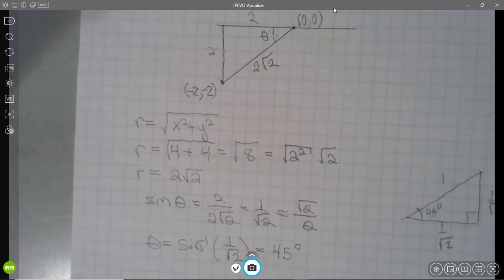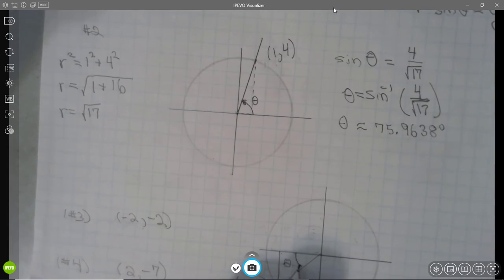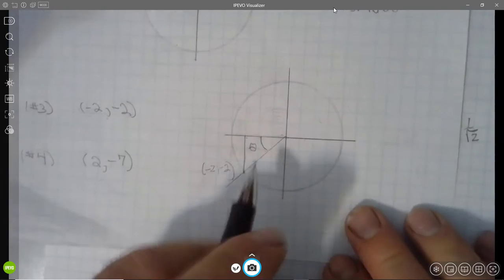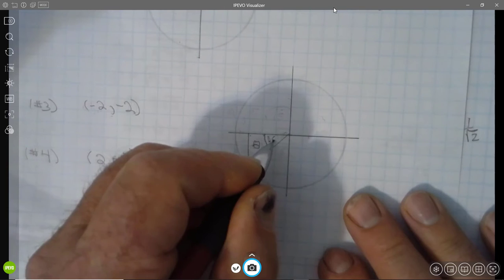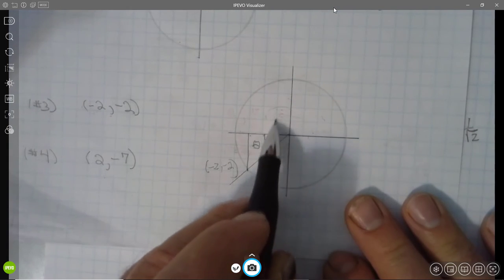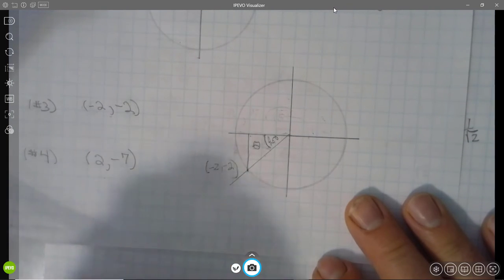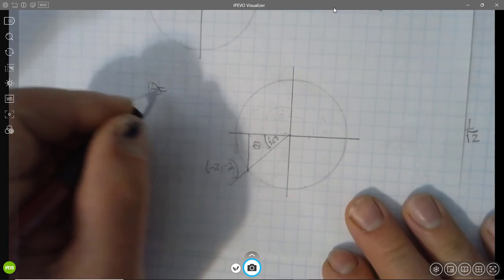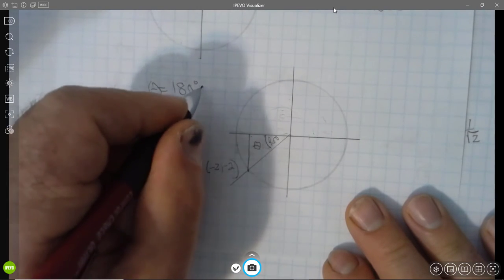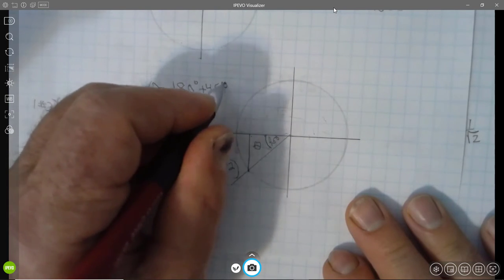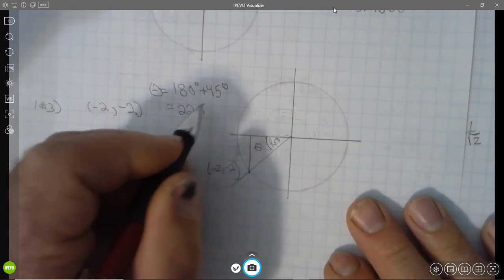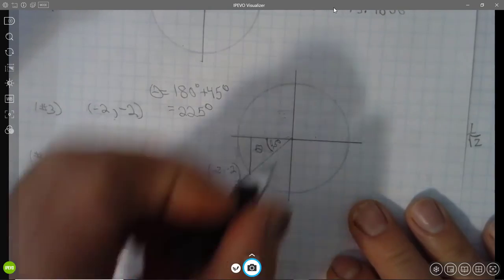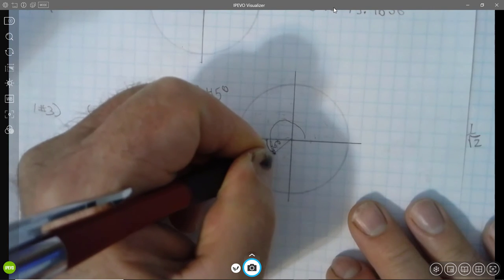So back to our original diagram here, we know that this angle in here is 45 degrees, but this angle here is 180, so altogether theta must be equal to 180 plus 45, and that is 225 degrees. So that's the angle theta in this case, from here all the way around to here.